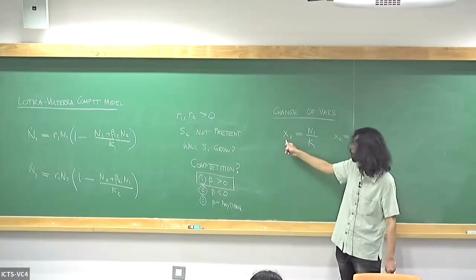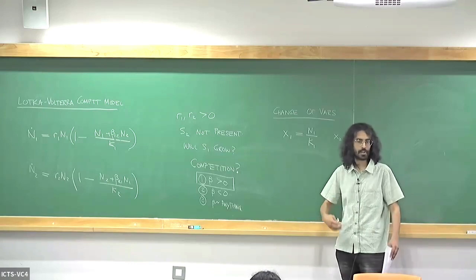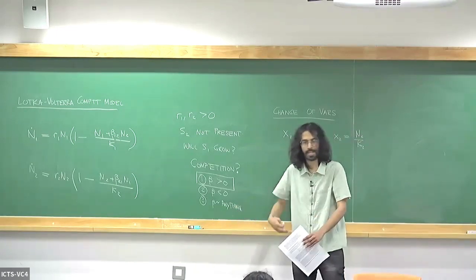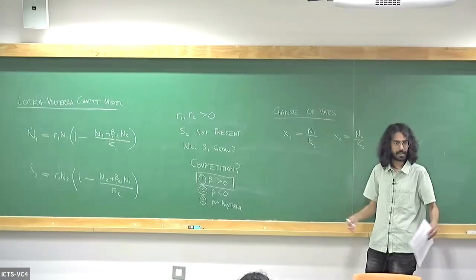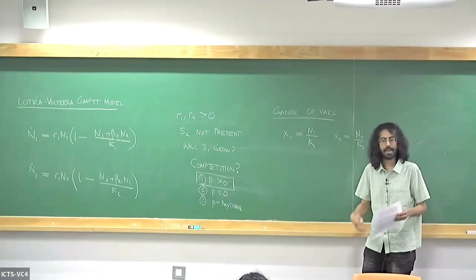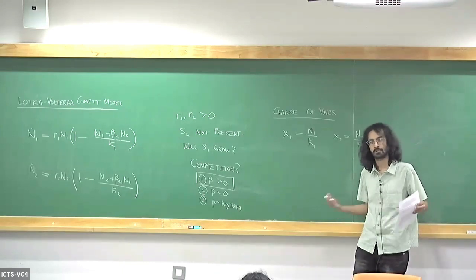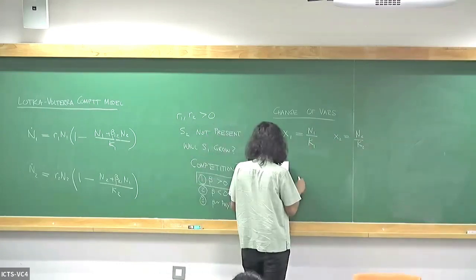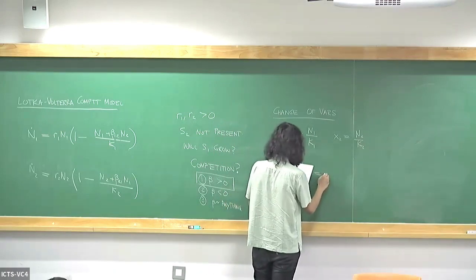It means that x1 is now the fraction of species 1 that's present in units of its carrying capacity, right? So x1 equals 1 would mean that species 1 is at its carrying capacity. x2 equals 1 would mean species 2 is at its carrying capacity. Typically, you might expect just with logistic growth for x's to take values between 0 and 1, which is the thing that we like. And so if you do this change of variables and rearrange things, you'll find that the same model in terms of the x's now looks much simpler.